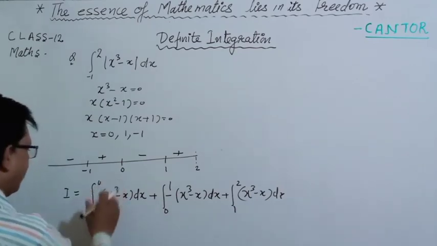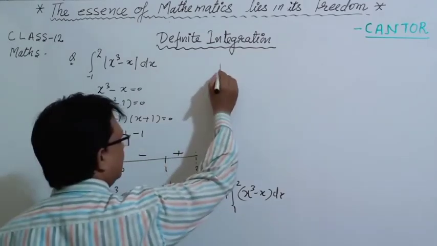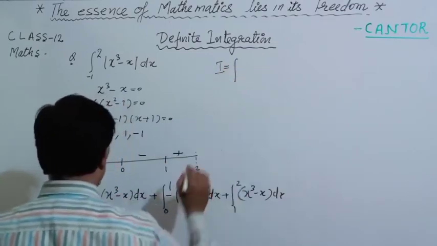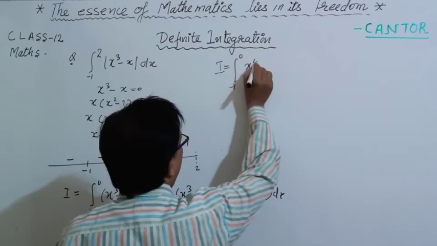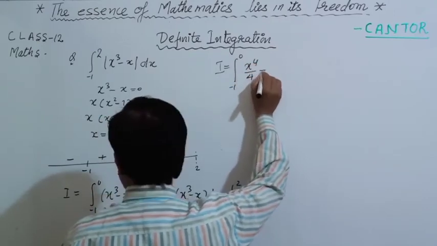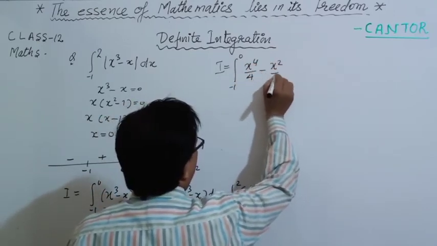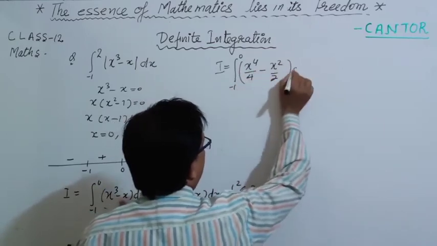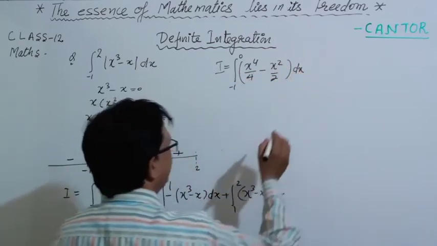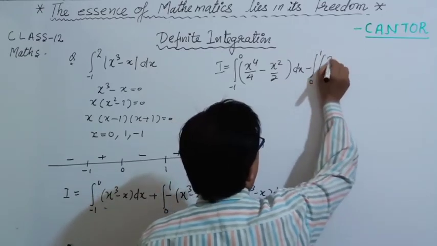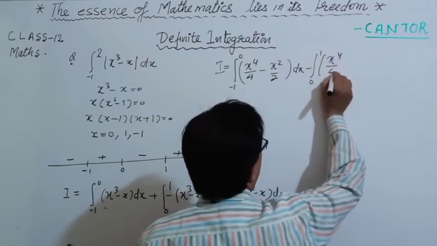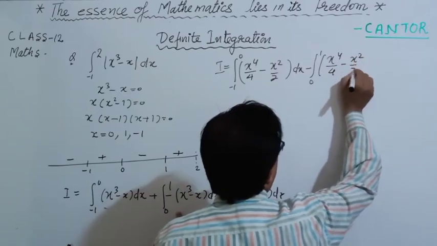Okay. Now we integrate this. So I is equal to, after integrating this, from minus 1 to 0, x^4 upon 4 minus x square by 2.